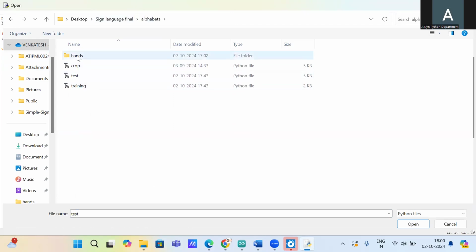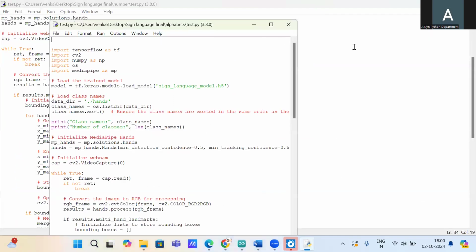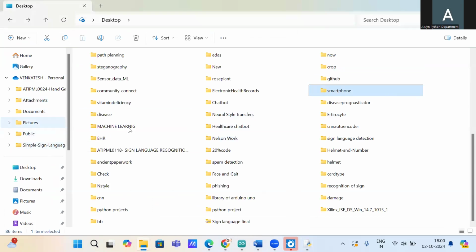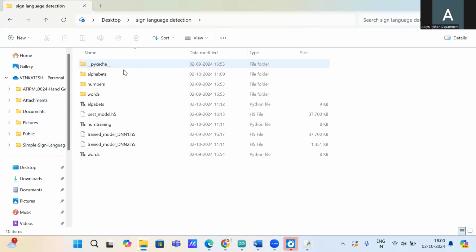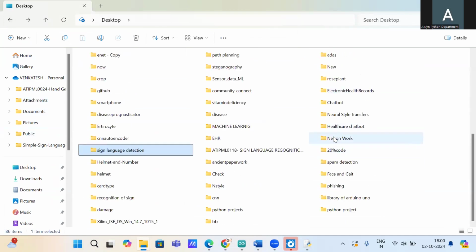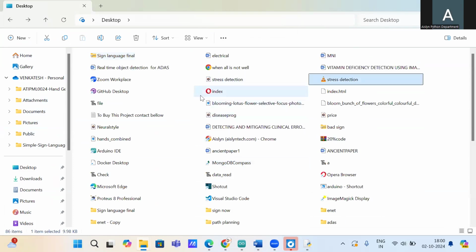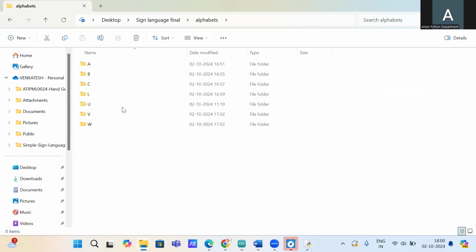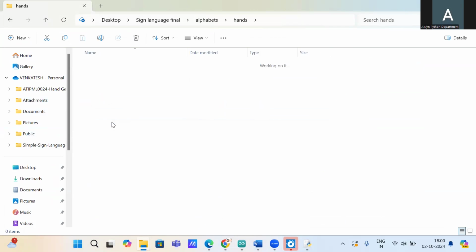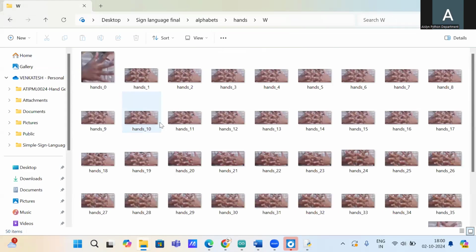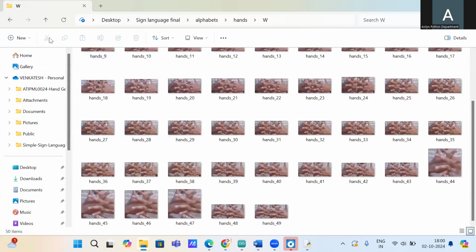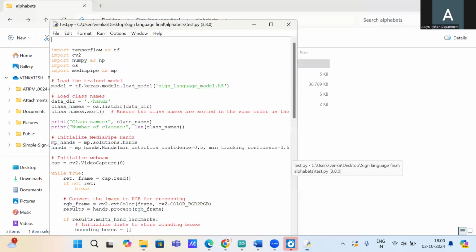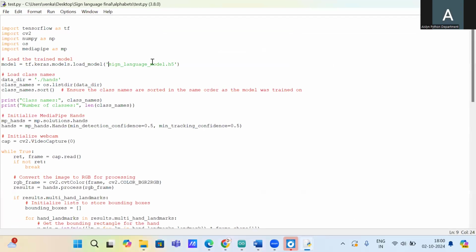Let us set up the training code here. First of all, let us train the model.